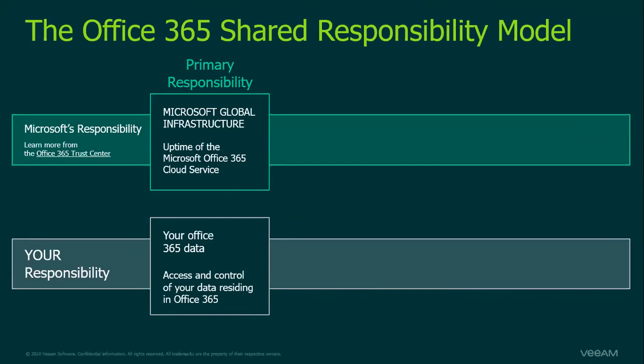When it comes to your responsibility, you need to keep access and control of your data after configuring those services. You need to make sure you are using industry best practices or standards to protect your data, like multi-factor authentication, token based authentication, etc.